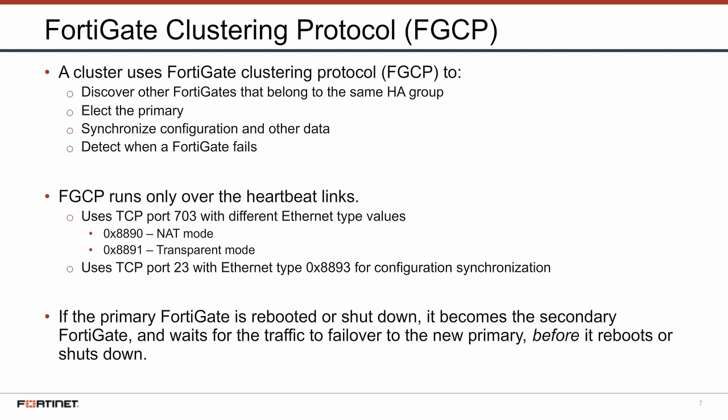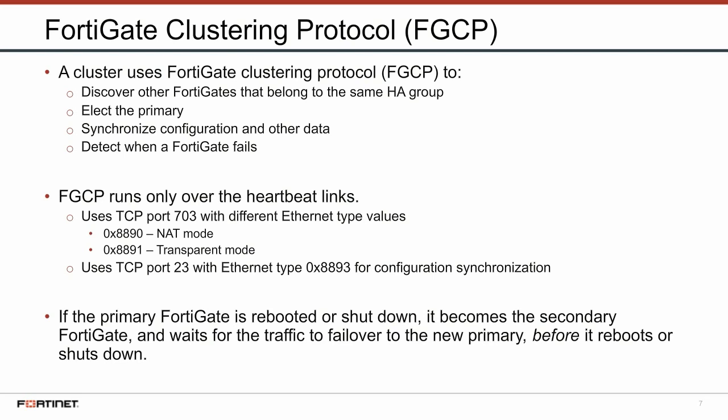NAT mode cluster and transparent mode cluster use different Ethernet type values to discover and verify the status of other FortiGates in an operating cluster. FortiGates in a cluster use telnet sessions over TCP port 23, with Ethernet type 0x8893 over heartbeat links, to synchronize the cluster configuration and to connect to the CLI of another FortiGate in a cluster.